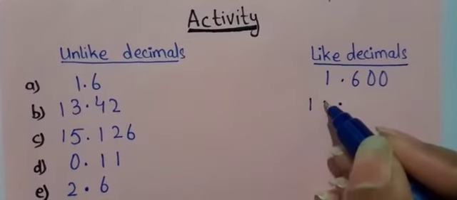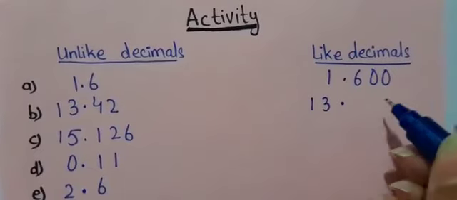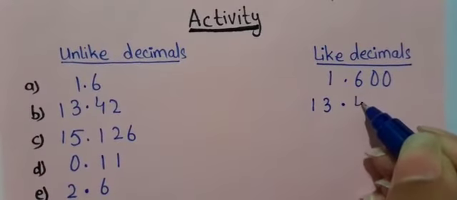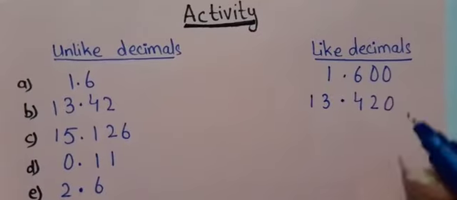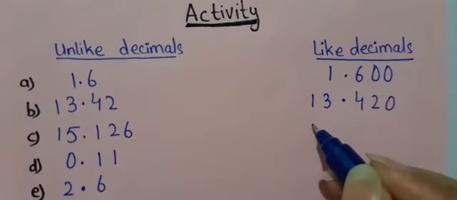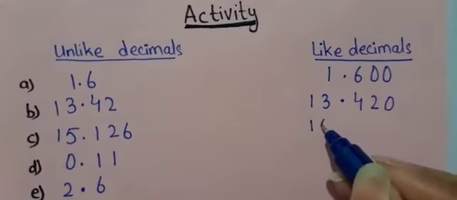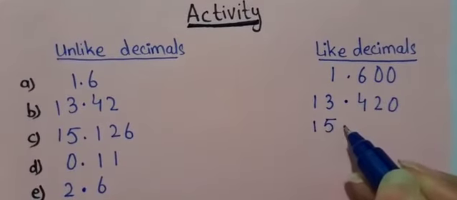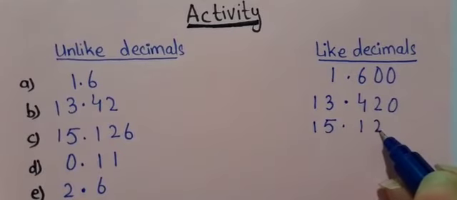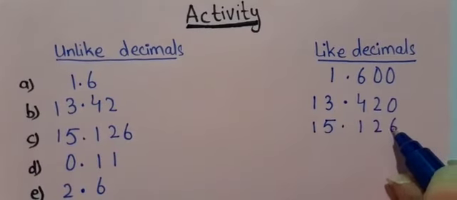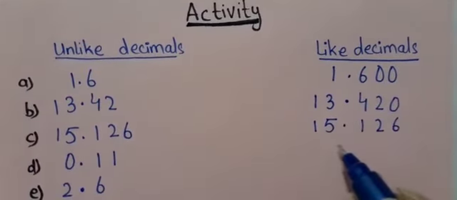Now it is 13.420. Here you can see. Next one is 15.126. Do I have to make it like? No, it already has 3 decimal places. 1, 2 and 6.